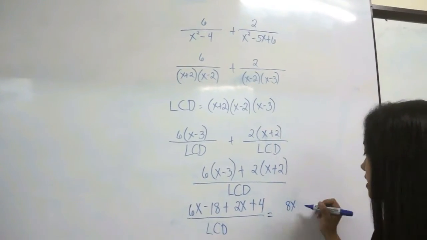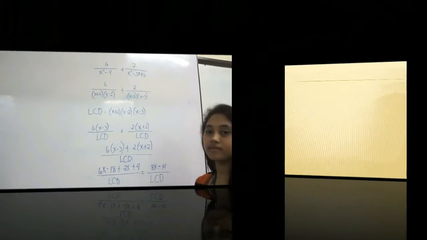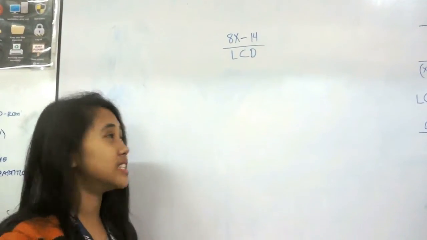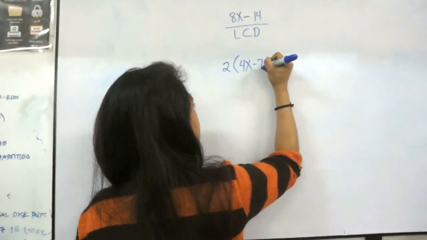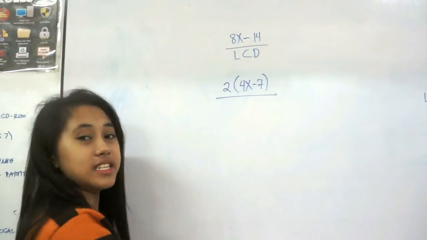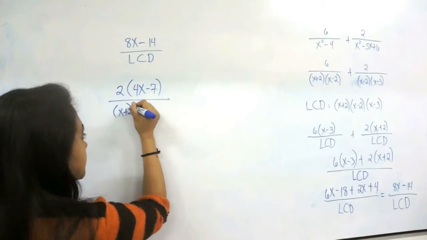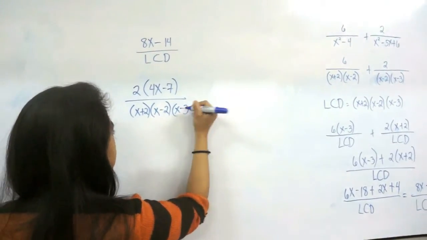Negative 18 plus 4 is equal to negative 14 over LCD. Step 6. Factor the numerator if you can and replace the letters LCD with the actual LCD. So 8x minus 14 can still be factored into 2 times 4x minus 7. Then replace LCD with the actual LCD, which is x plus 2, x minus 2, and x minus 3.